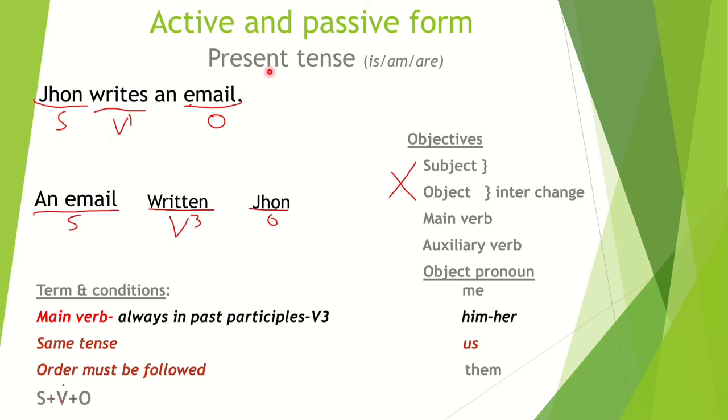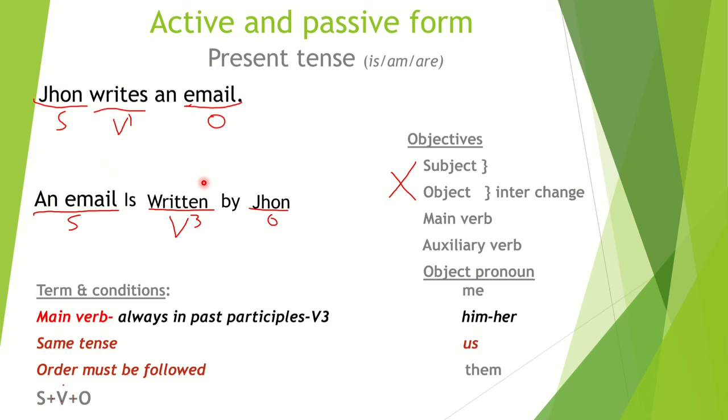And it is in present tense, so I should write "is", because it is a singular subject. So I should write, an email is written by John.